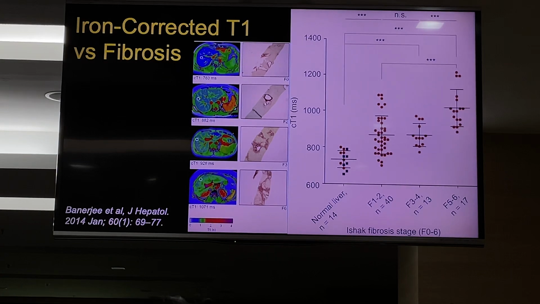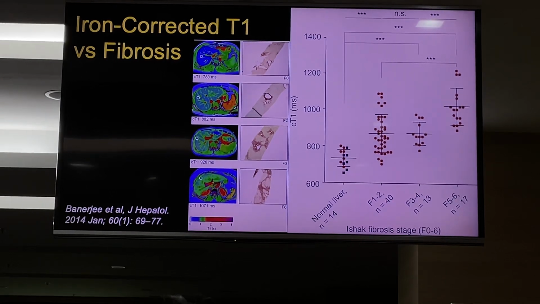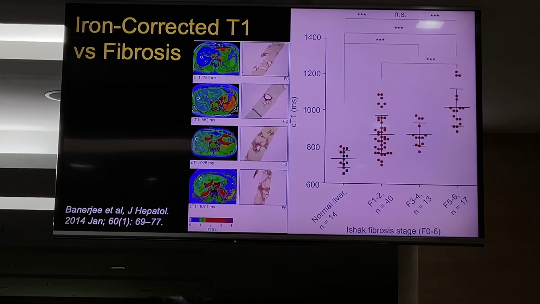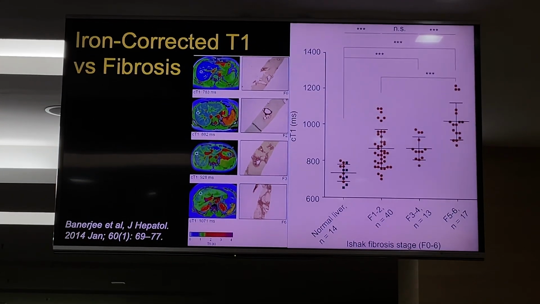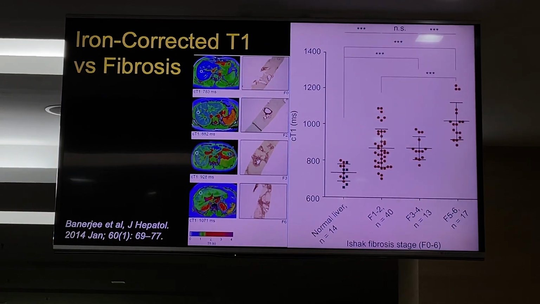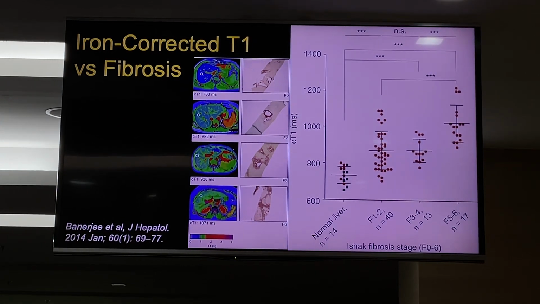Because one challenge of these methods, particularly T1, is that it's not that specific to one particular histological feature. It's sometimes referred to as a marker of liver badness in the sense that it's related to fibrosis and inflammation, but nonetheless, it may have value in the context of NASH.